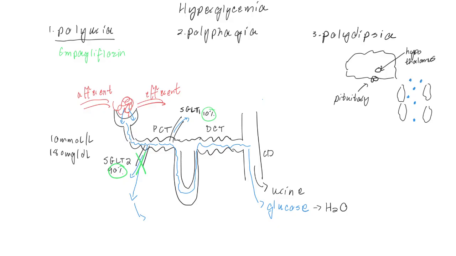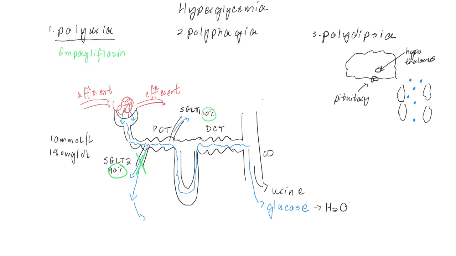And these particles could be glucose, they could be sodium. They don't necessarily have to be glucose, but in this example they are. So when we have a lot of glucose floating around, these osmoreceptors notice it. And there's kind of two things that can happen next, and usually they happen simultaneously.